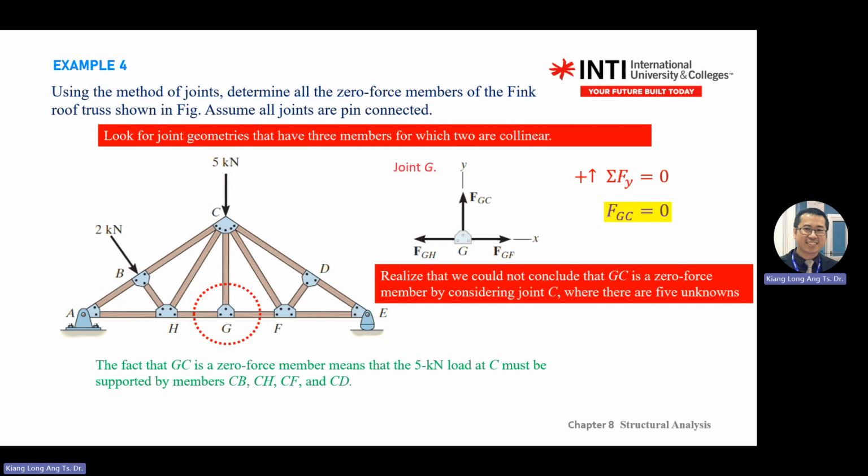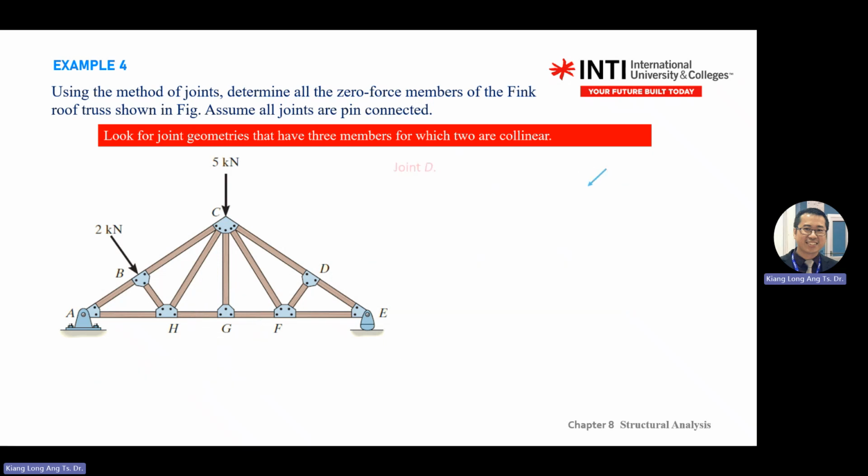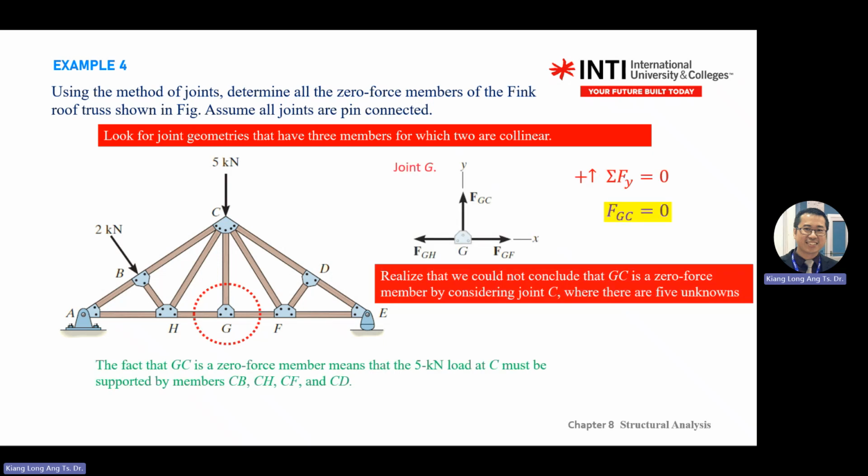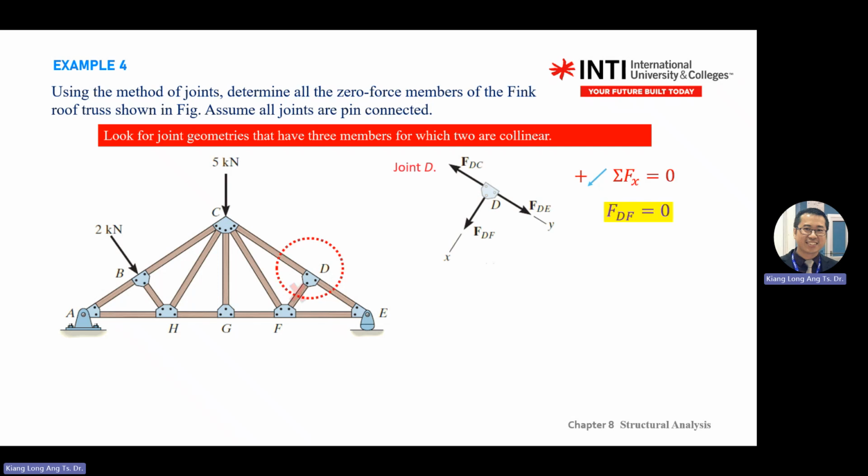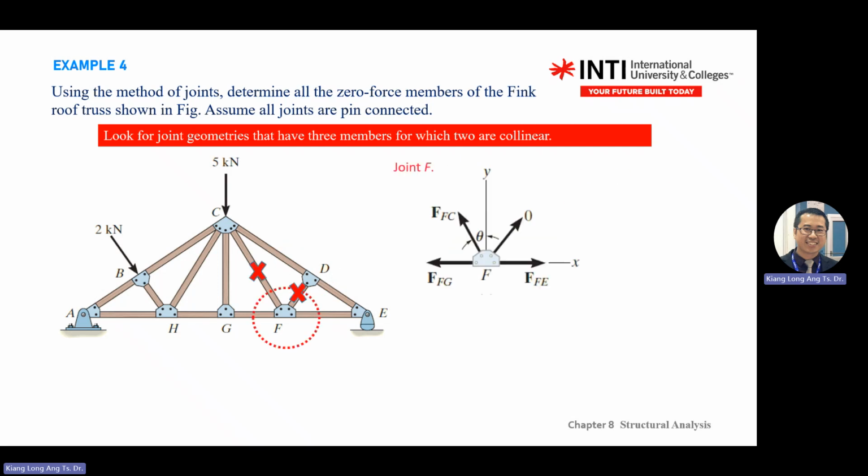The fact that GC is a zero force member means that the 5 kilonewton load on C must be supported by members CB, CH, CF, CD. So in this case, we have reserved this conclusion first. Then you do it for other members.